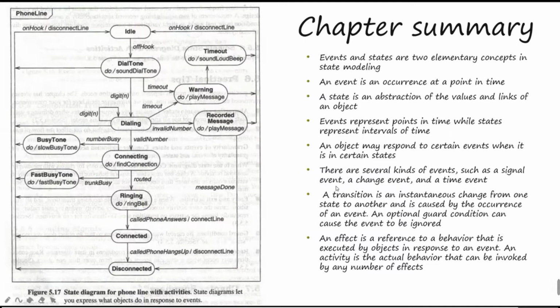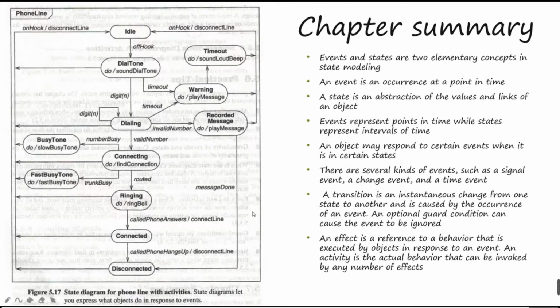A signal event means sending a signal from one object to another. A change event means that a Boolean expression changes from false to true, and a time event means that an absolute time comes, or a time interval has finished.